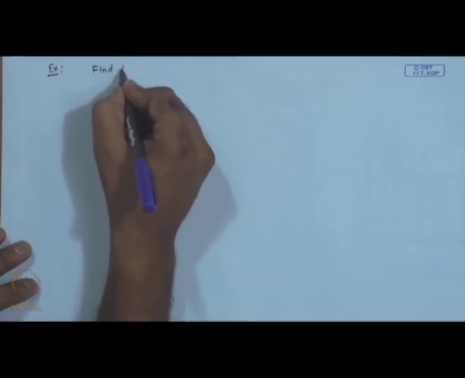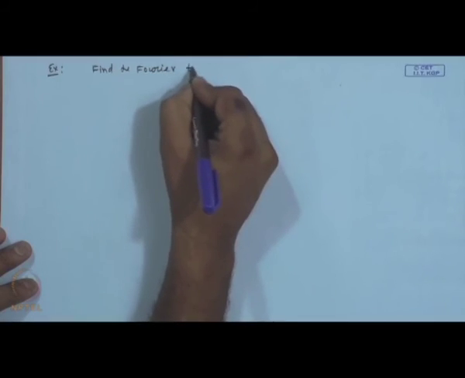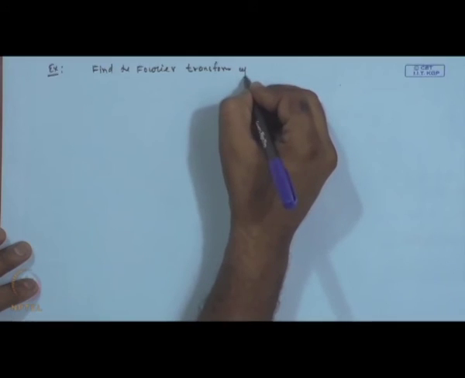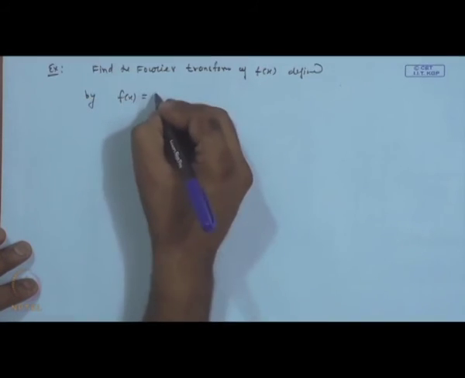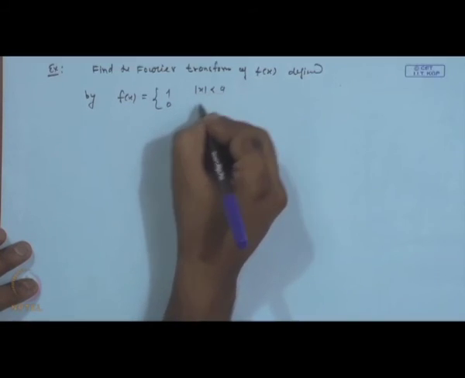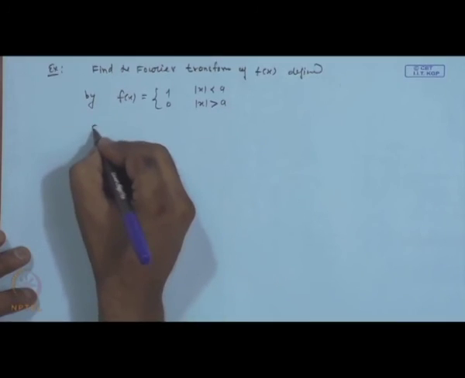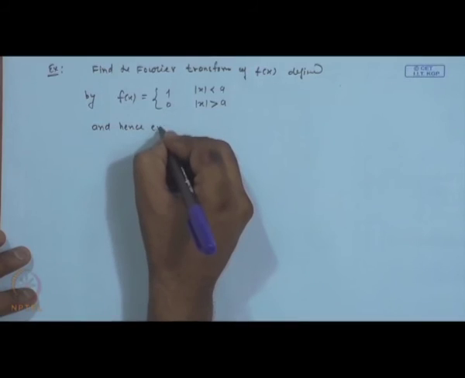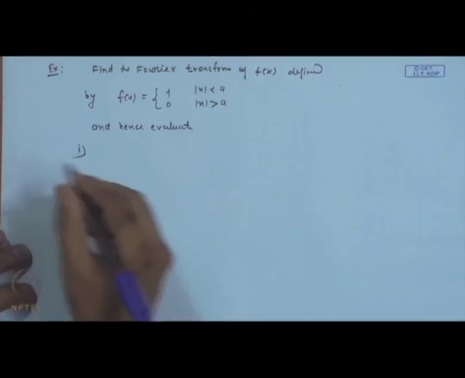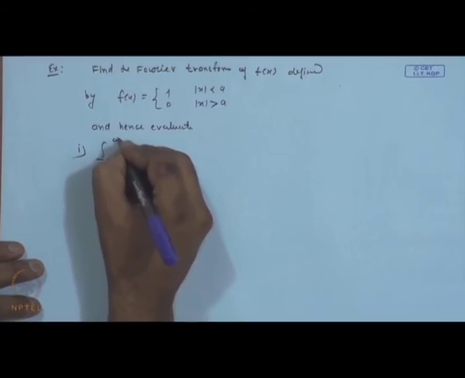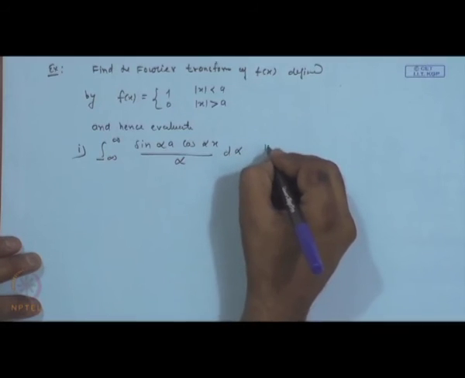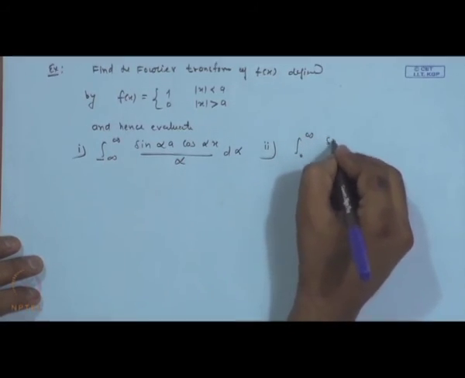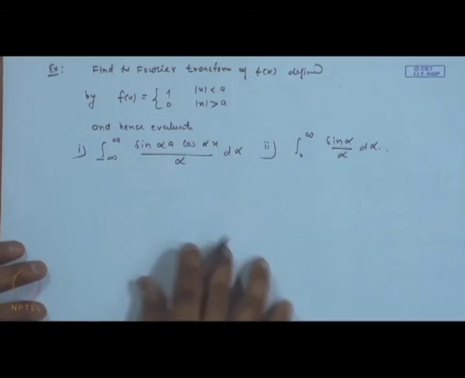The first example in this category: find the Fourier transform of f(x) defined by f(x) equal to 1 when x is less than a and 0 when x is greater than a, and hence evaluate the integral from minus infinity to plus infinity of sine alpha a cos alpha x over alpha d alpha, and also the integral from 0 to infinity of sine alpha over alpha d alpha.